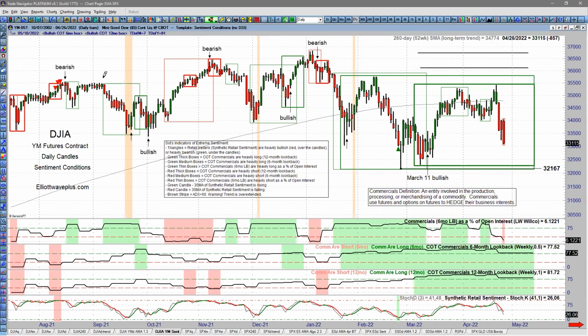And the commercials right back here were very bearish. And let's say that this is a 6-month, or let's call it a 1-year time frame. The commercials spend a lot of time moving up and moving down with their positioning. But for a minute there, they went all the way down to the bottom of that scale during that 1-year period.